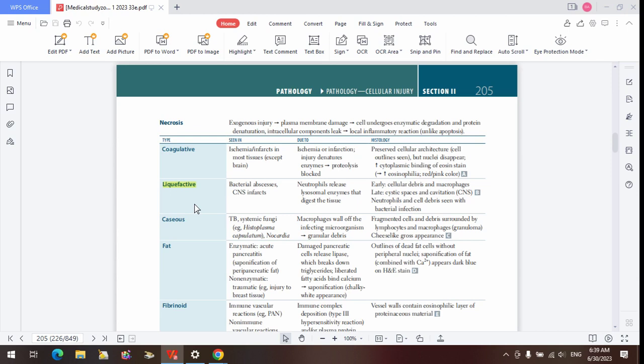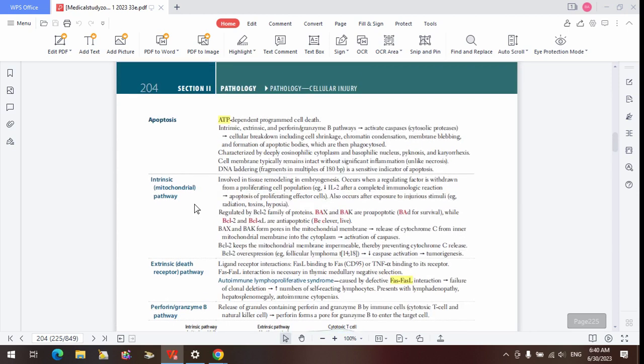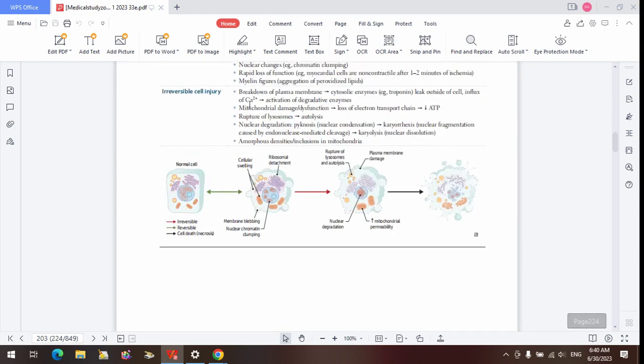Please, once you see in the question that they are talking about a necrotic process and they are saying the tissue architecture, the cell architecture is preserved, you know that they are talking about coagulative necrosis. But one thing I want us to pay attention to is that in coagulative necrosis, it is only the nucleus that will disappear. That was why I was trying to mention it initially, that out of all this process that happens in irreversible injury, it is only the nuclear degradation that happens independent of all these enzymes from the calcium.